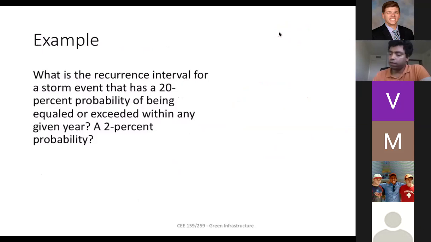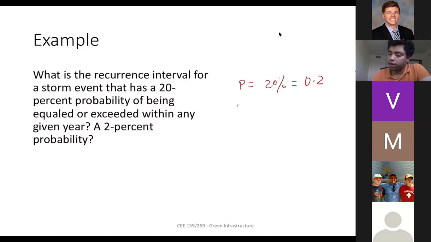So the probability given is 20%, which is 0.2, and the time term here is a year. Within a year, the probability of having that rainfall is 20%. So then I ask, what is the recurrence interval? How likely does this rainfall occur? What's the return period?